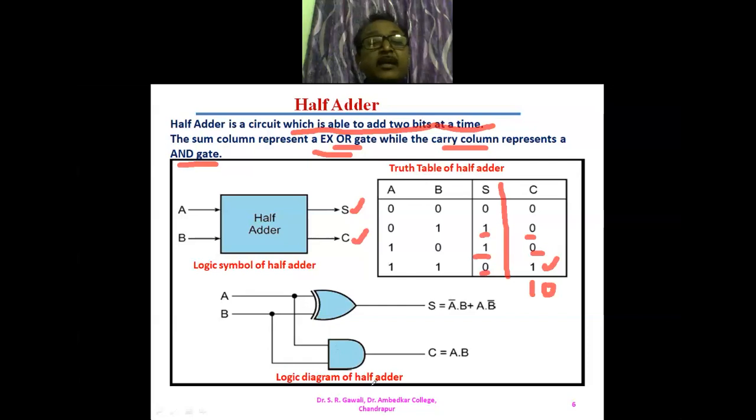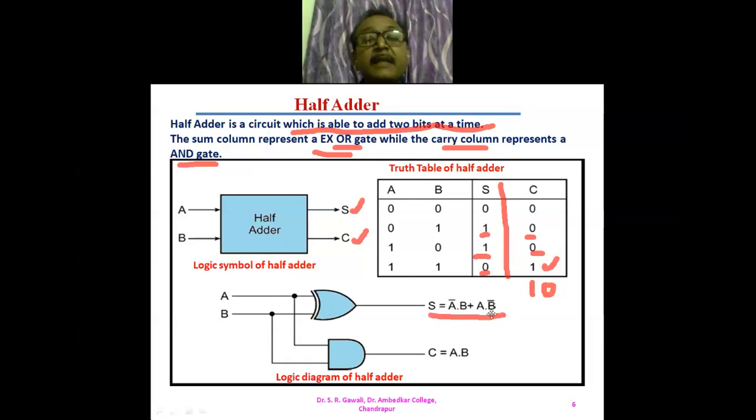And here is how we can draw the logic diagram. A and B are the inputs. These are given to the XOR gate to produce the sum. There is a need of an XOR gate, and we get the Boolean equation of the sum as S equals A bar B plus A B bar.